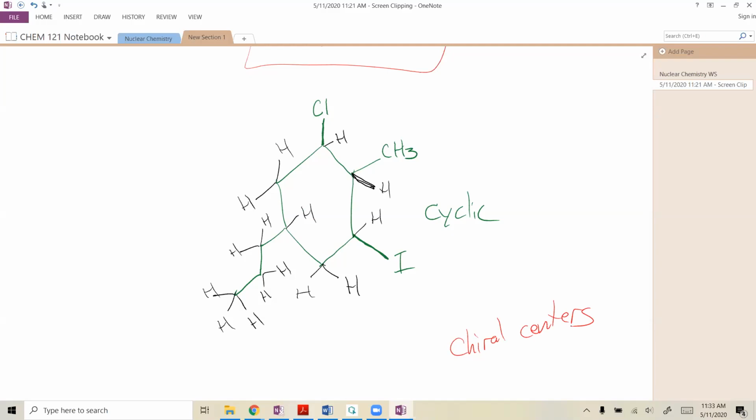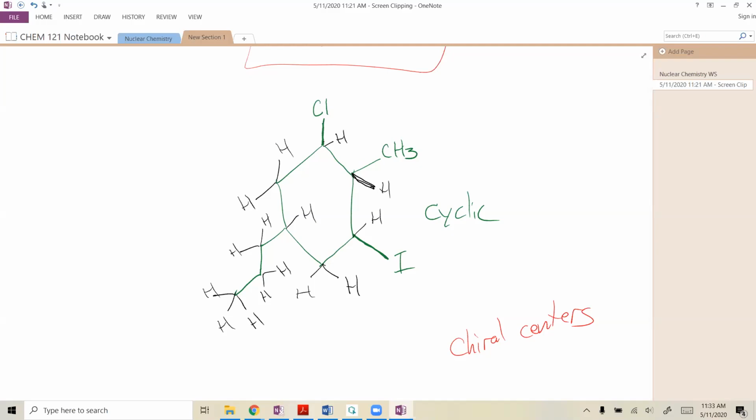It's non-superimposable. So if we were to flip it over, then we wouldn't be able to line them up. They wouldn't make a mirror image. Right? Now that would be hard with a molecule that's big. It's hard to draw it all across a mirror and then try to imagine that. And so we talk about chiral centers because we're going to focus on individual carbons. And so we can look at each of those individual carbons.